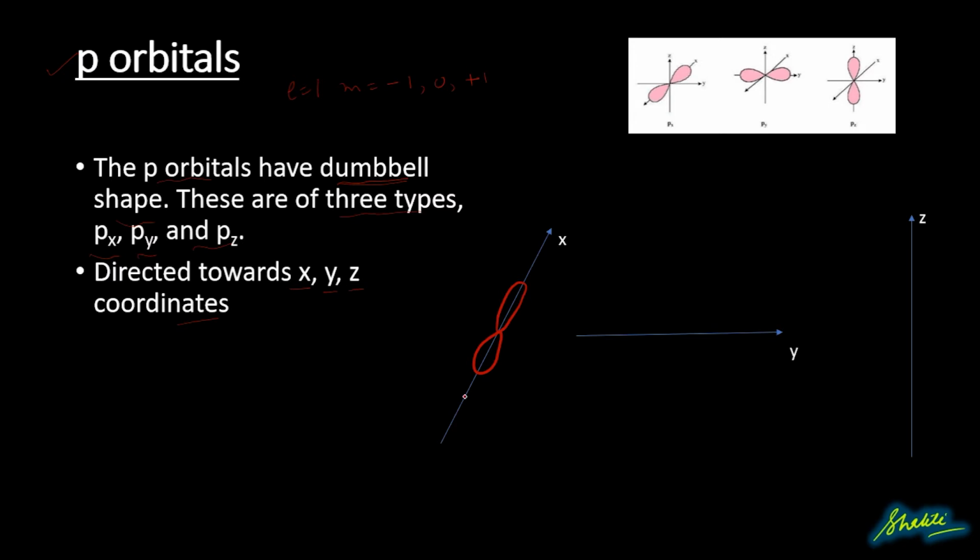This is on the x-axis, and second is py, which is on the y-axis like this, and the third one is on the z-axis like this. These 3 orbitals are directed towards x, y and z coordinates.